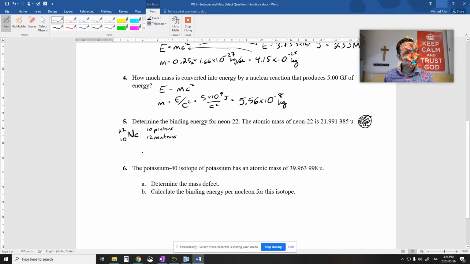Okay, so the mass on this side, if we think of all the different pieces, would be 10 protons, which is 10 times 1.007276 atomic mass units, plus the 12 neutrons at 1.008665 atomic mass units. So I'm going to add those together.